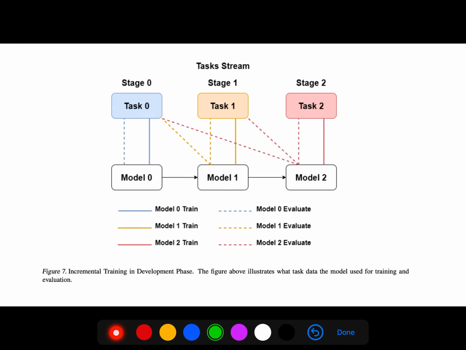So this is incremental training in the development phase. The figure above illustrates what task data the model used for training and evaluation.